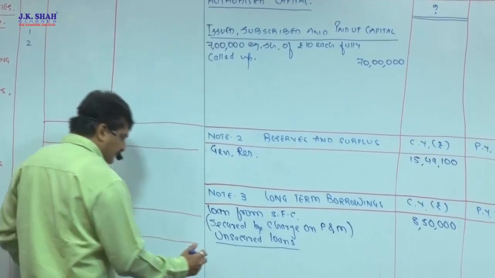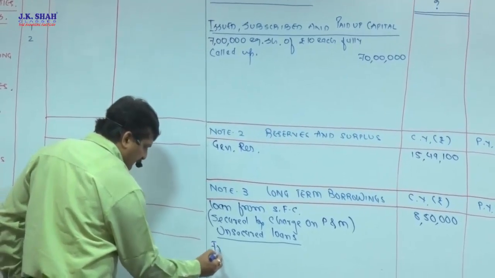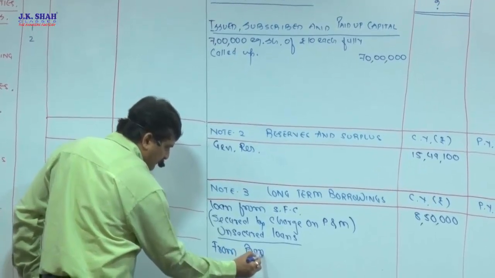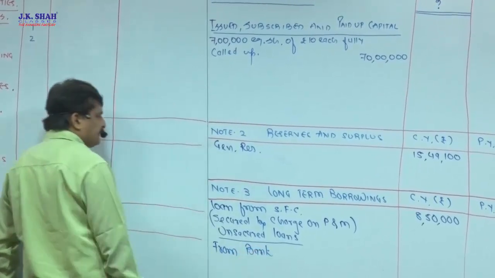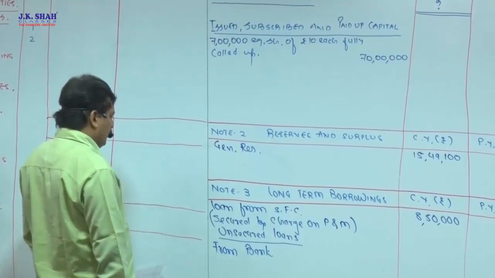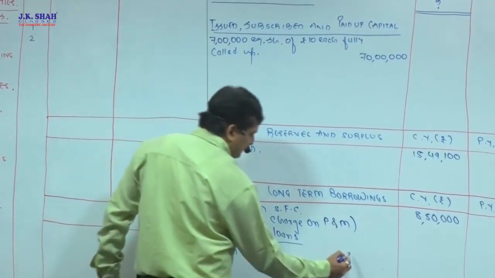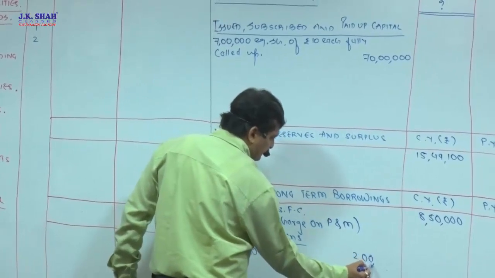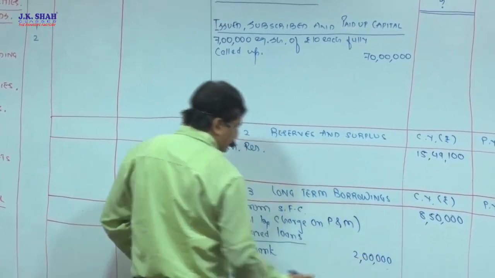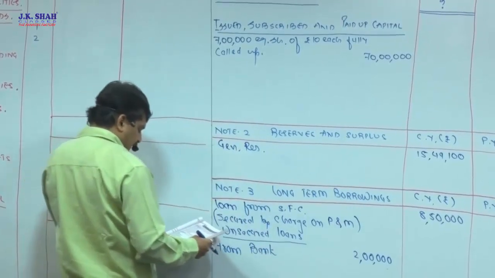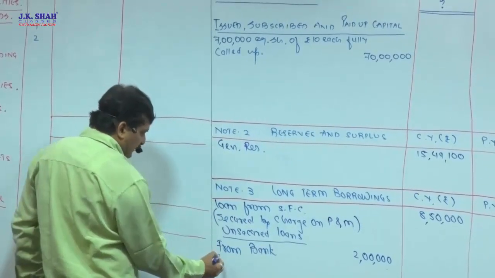Next line. As per your 5th adjustment, from bank. Tell me what amount of unsecured loan from bank? 2 lakhs in our column. Then you have 1 lakh from related parties.